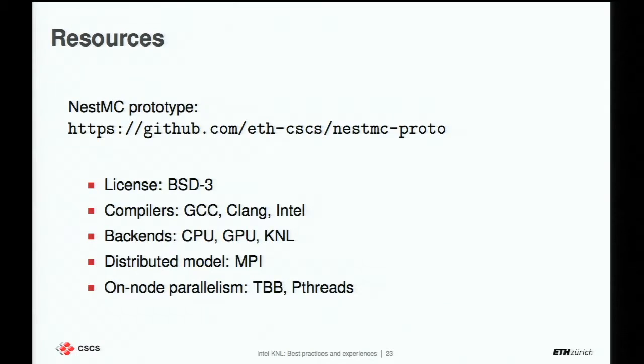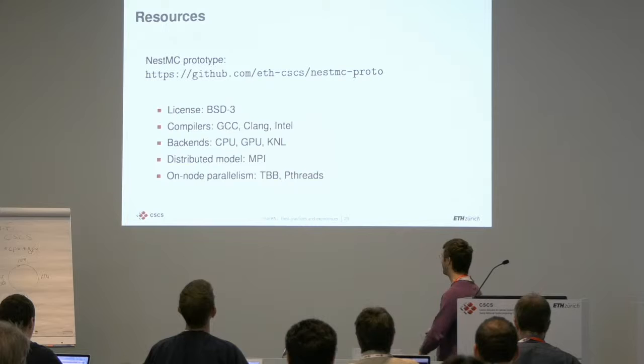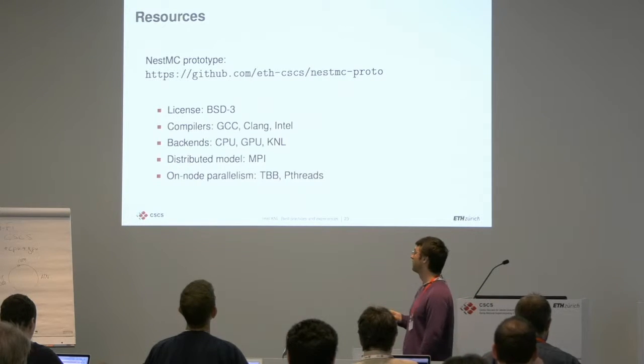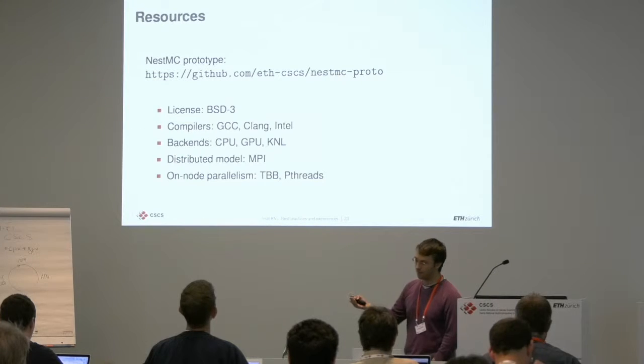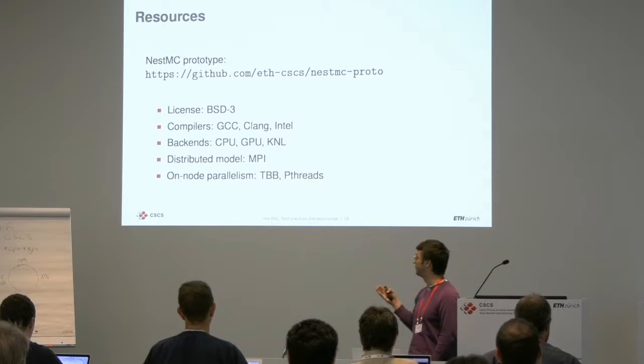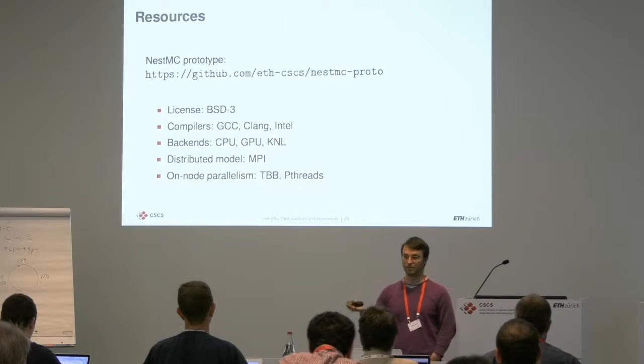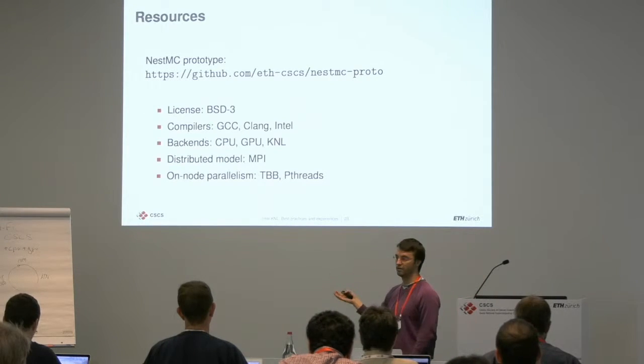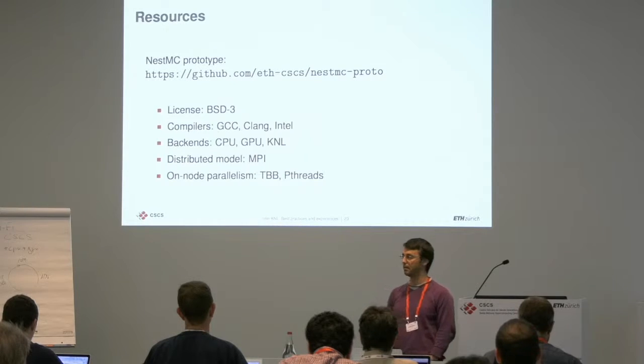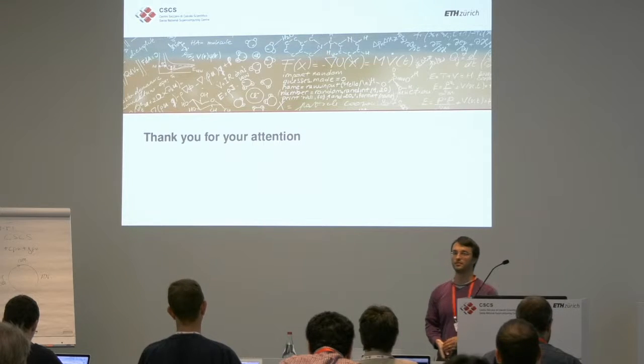However, the KNL backend is only guaranteed to compile with the Intel compiler, unfortunately, right now. We have CPU and GPU, that is CUDA backends, and MPI versions, and also you can use different on-node parallelism. Currently, we are supporting Intel TBB or simply pthreads. So that's it. Any questions?